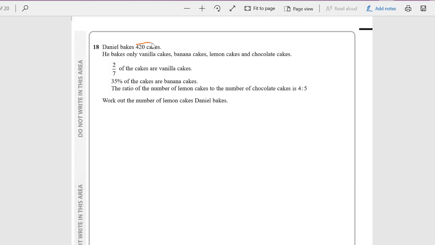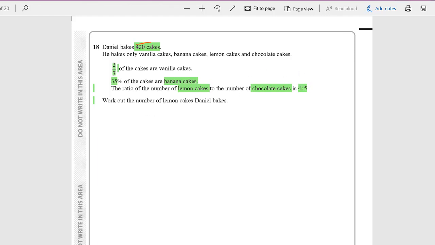So 420 cakes. 2 over 7 of them are vanilla cakes. 35% of them are banana cakes. And the ratio of lemon cakes to chocolate cakes is 4 to 5.